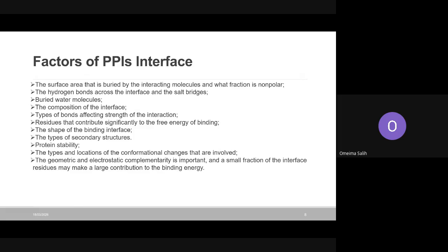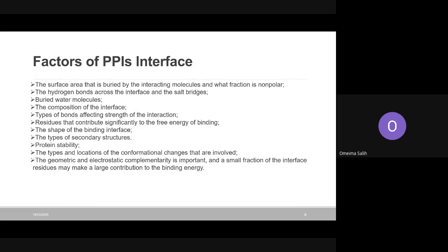So, as I mentioned, the binding affinity between the two polypeptide chains defines the strength of this interaction or this interface, which depends on the type of amino acids involved in this interaction. Once the interaction and interface are produced, this results in a different conformation of the polypeptide chain or this interface.